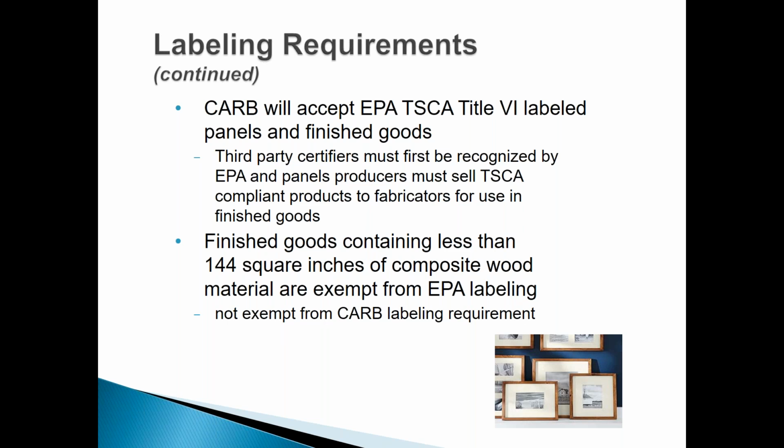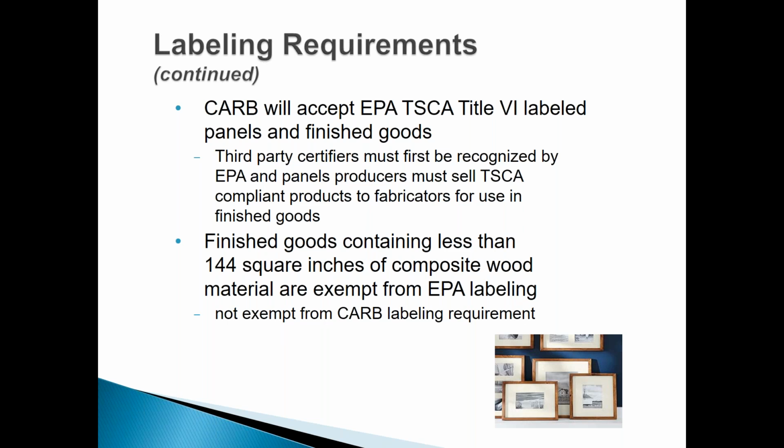When they start seeing EPA TSCA and not CARB Phase 2, until they become educated about this, a retailer might say, well, I don't want to buy this, it's not CARB Phase 2 compliant. So you may want to consider putting both, but if it only has the EPA TSCA label, we will accept it.